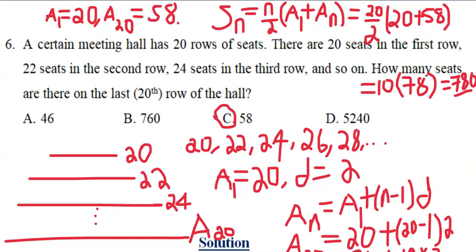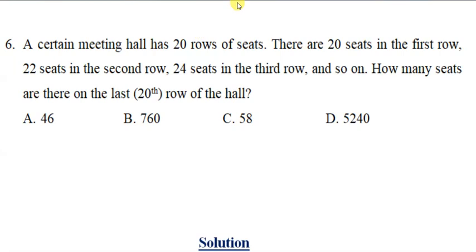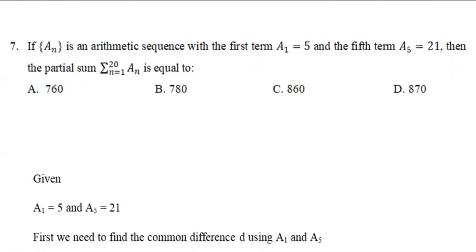Question number 7 says, if an is a general term, an in braces is an arithmetic sequence with the first term a1 equal to 5 and the fifth term a5 equal to 21, then the partial sum, here sigma notation, the summation of n running from 1 up to 20 of an is equal to, that is what the question says.